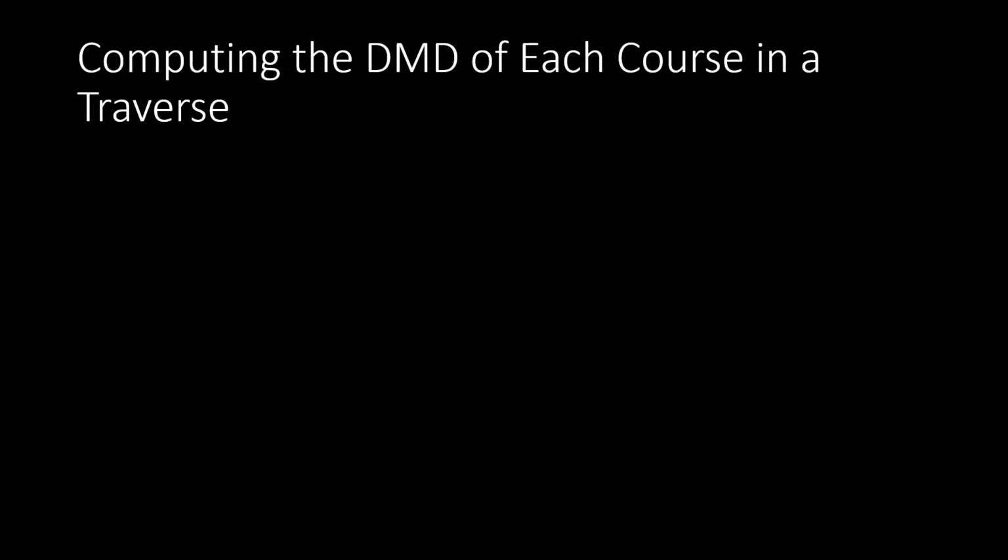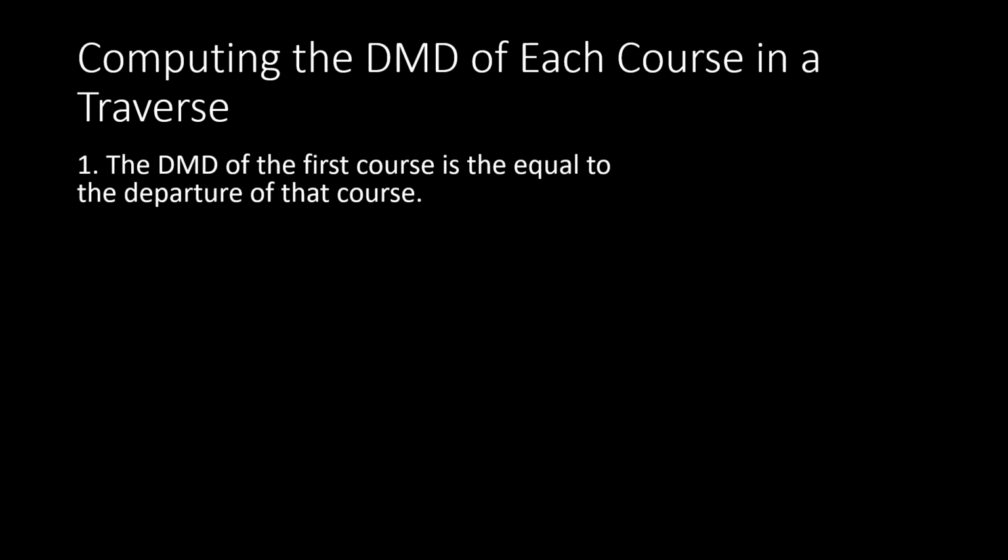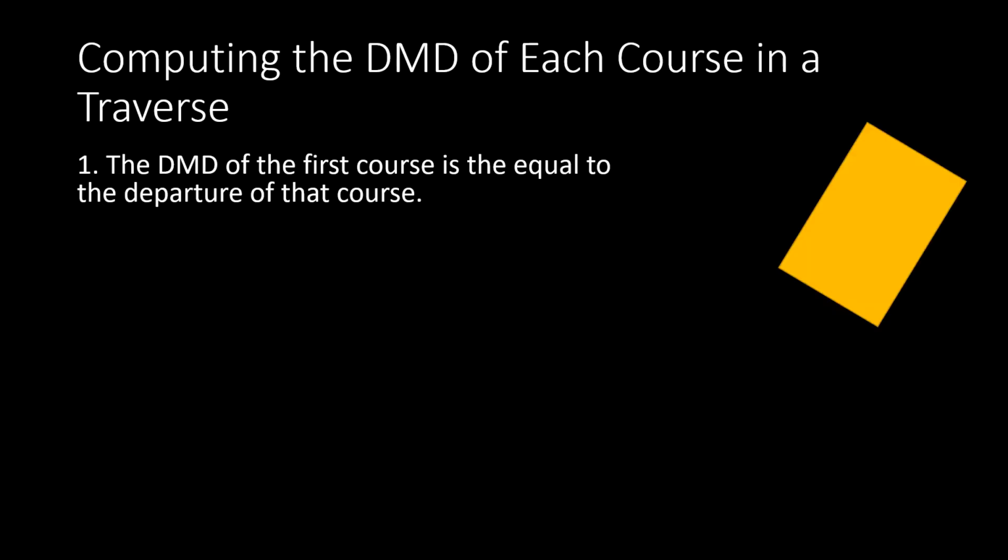We now adopt the following statements in computing the DMD of each course in a traverse. First, the DMD of the first course is equal to the departure of the course itself. So supposing that we have this traverse A, B, C, and D, and we have our reference meridian.